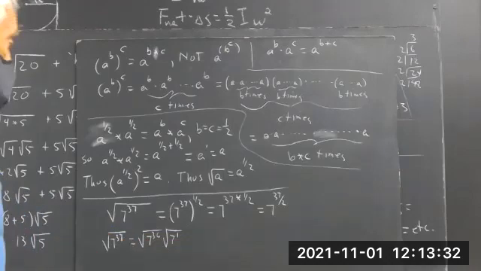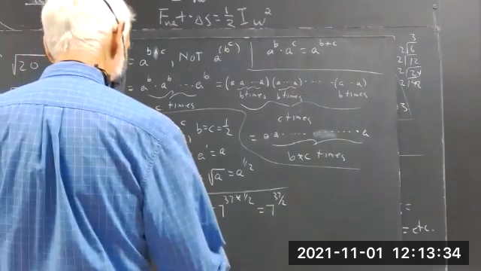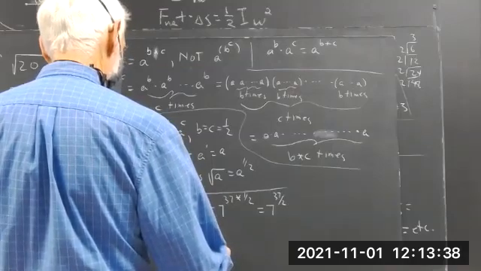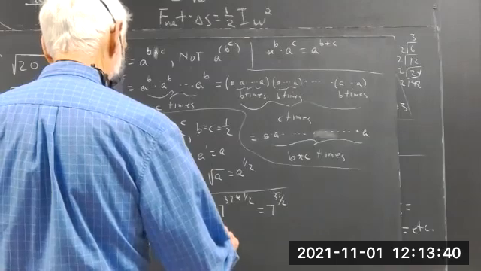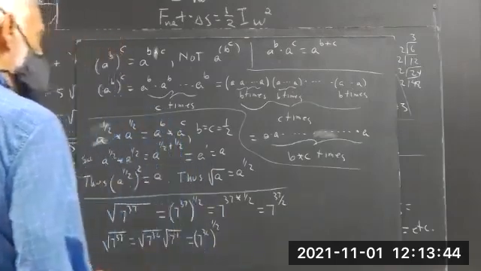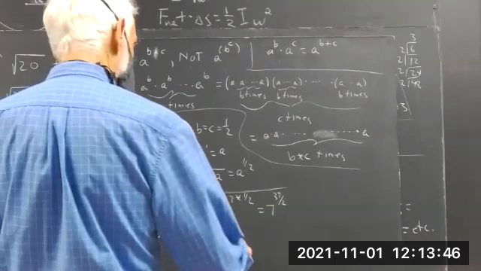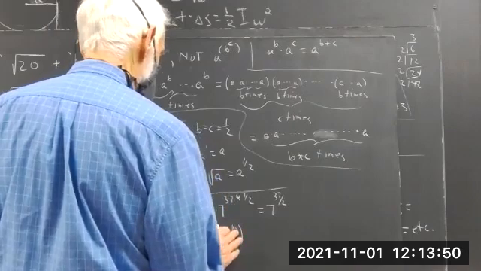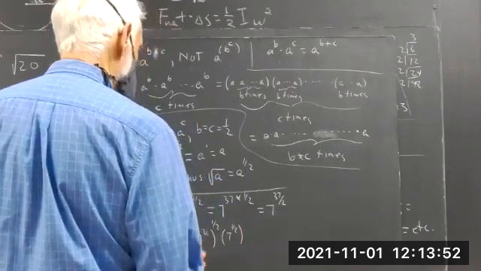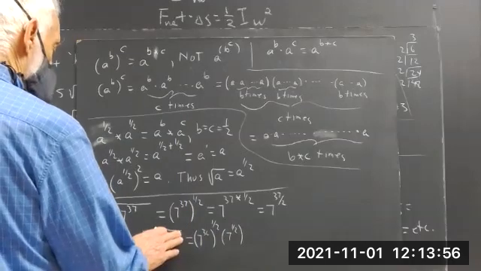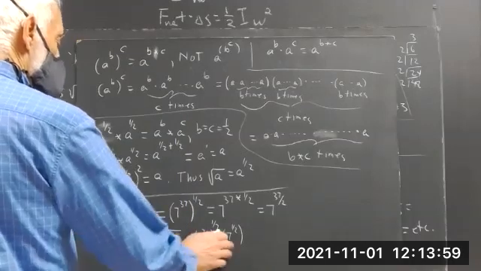And what's the square root of 7 to the 36? That means 7 to the 36 to the 1/2, times 7 to the 1/2, right? Let's eliminate that 1. The square root of 7 is just 7 to the 1/2.